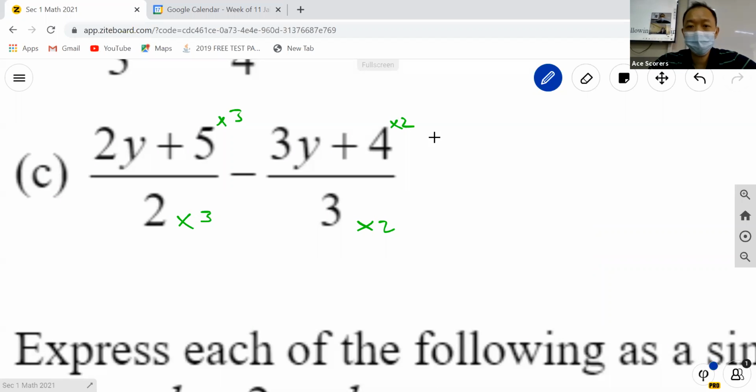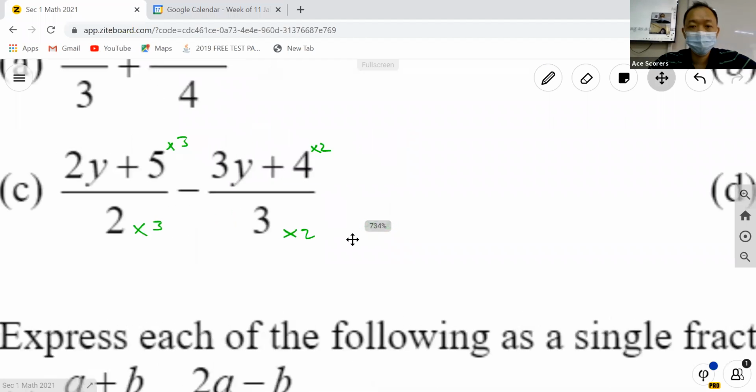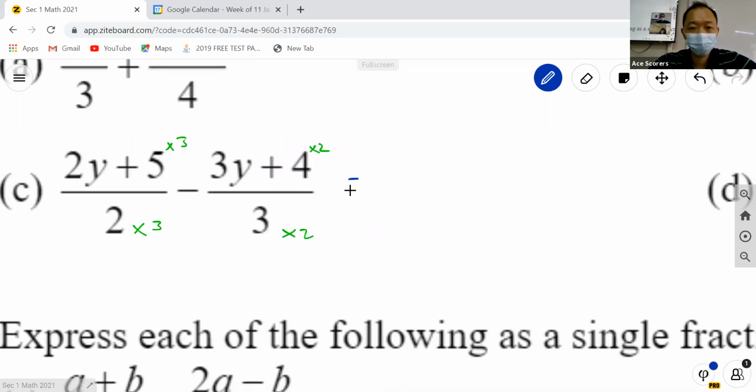Now what do we end up with? 3 times 2y plus 5. By now, you all should be very fast already. 3 times 2y plus 5, I'll get 6y plus 15 over 6. Okay, and then here 3y plus 4 times 2, 6y plus 8 over 6.